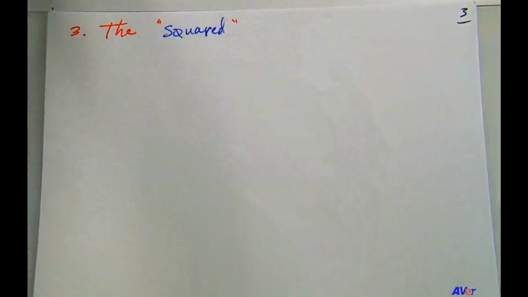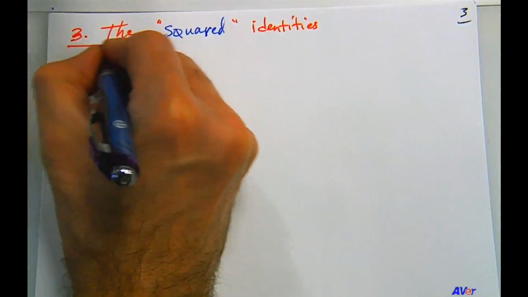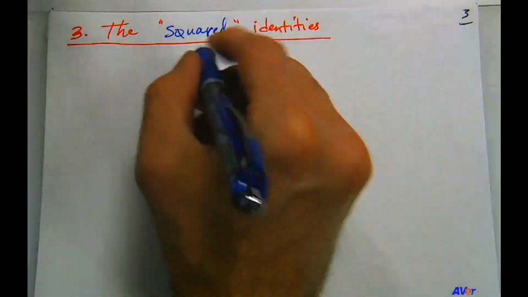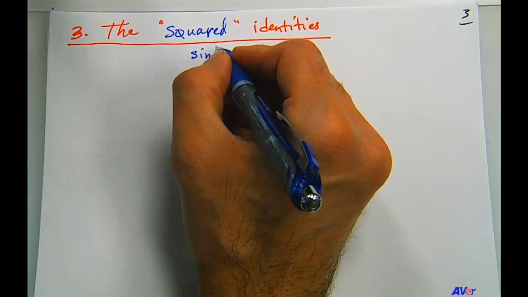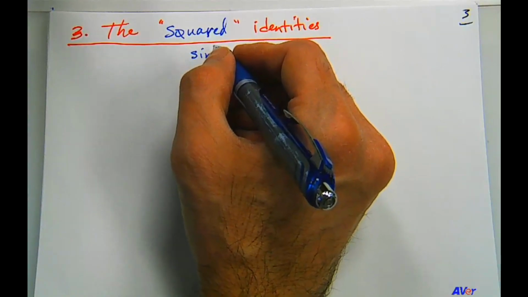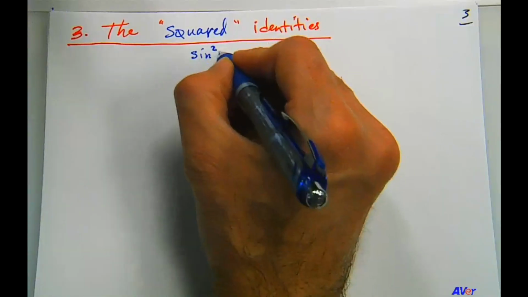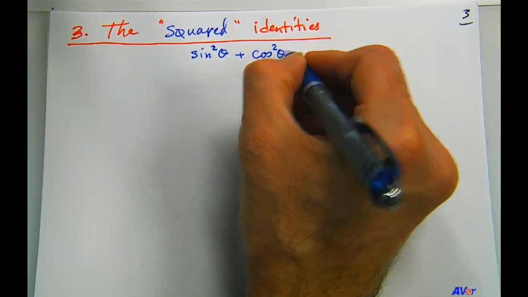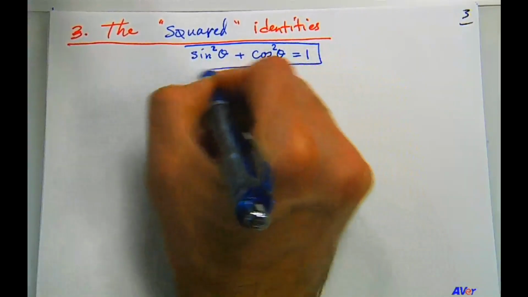So, squared identities. You've seen this before. I'm going to write them down again. Very, very useful, extensively used in all of trigonometry, all the way through Calculus 3 for those of you who will be taking that course. So sine squared theta plus cosine squared theta is equal to 1. Very neat formula, right?